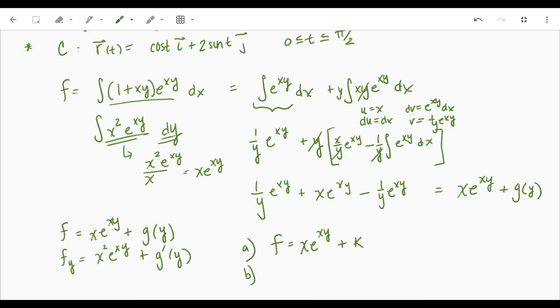Well, r of 0 will give me cosine 0, sine 0, which is 1, 0.